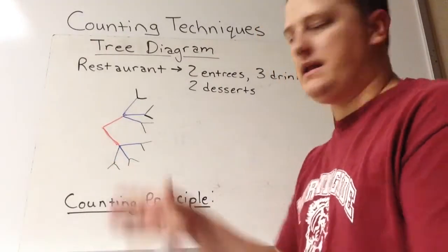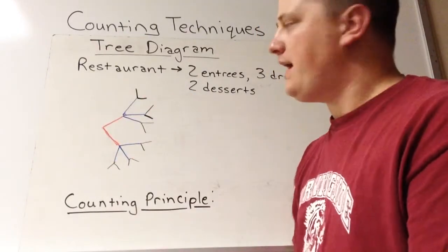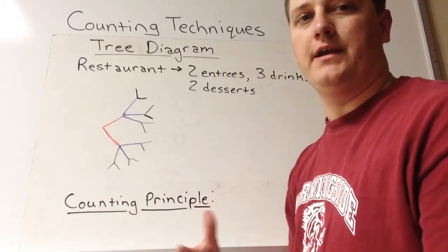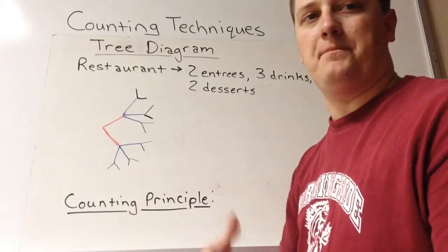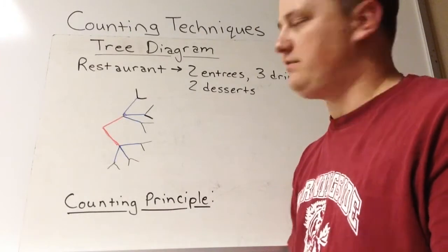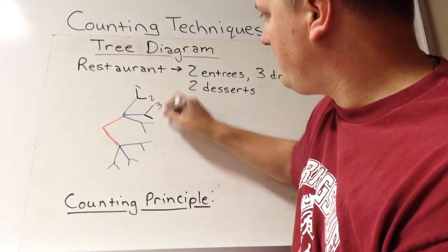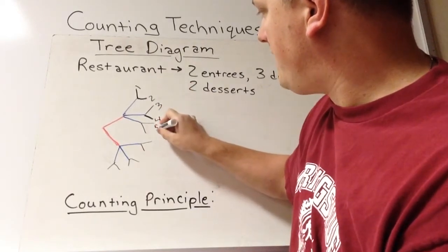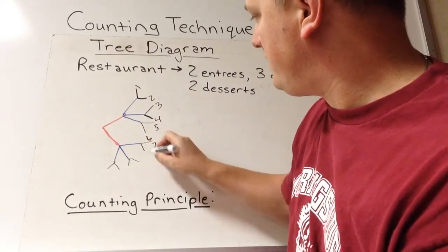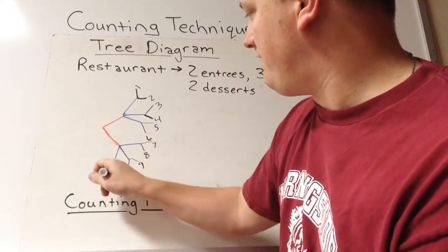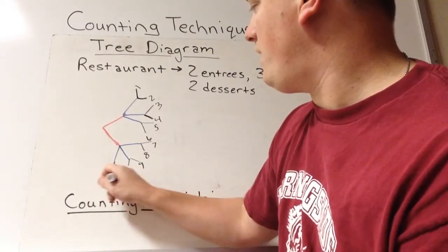And what we've created is branches coming out, and each last branch is the total number of possible choices. So we have 1, 2, 3, 4, 5, 6, 7, 8, 9, 10, 11, and 12.